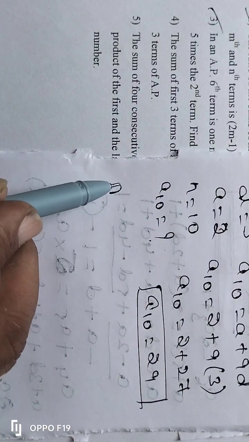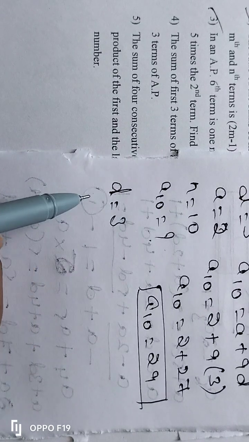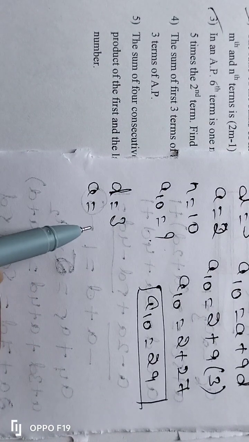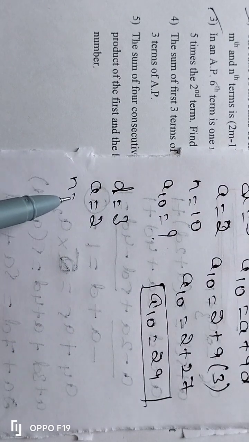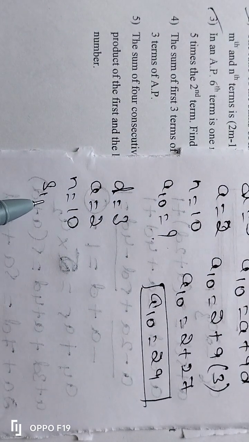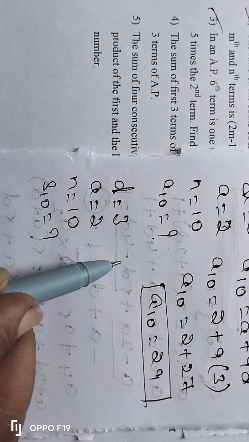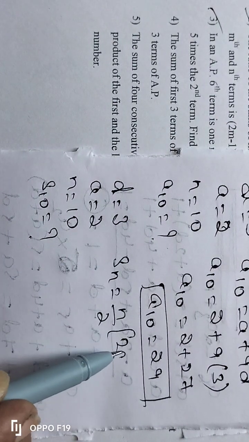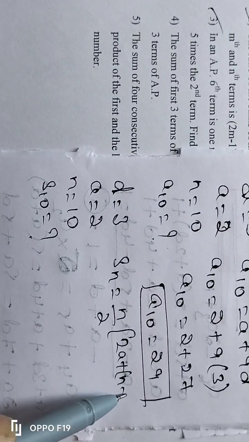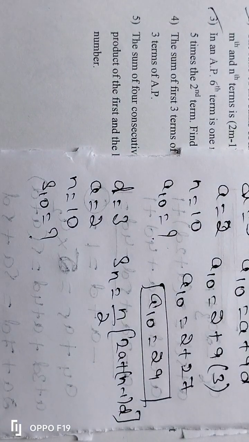After finding the 10th term, now let us find the sum of the 10 terms of an AP. D is equal to 3, A is equal to 2, N is equal to 10, S10 is equal to question mark. Sn is equal to n by 2 into 2a plus n minus 1 into d.